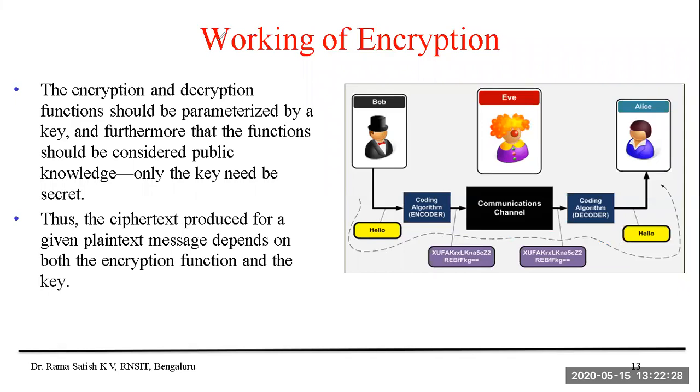Remember, to encrypt or decrypt, you require both the algorithm plus the key value. You need the function, that is the algorithm, and also the key value in order to convert this. Even if somebody eavesdrops, they will not understand. So that is the technique followed in encryption.